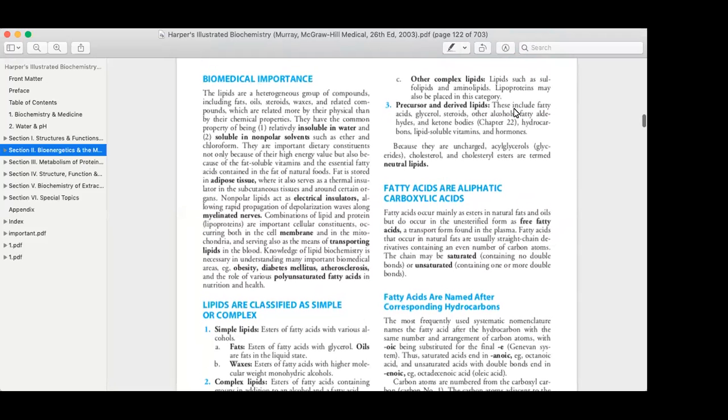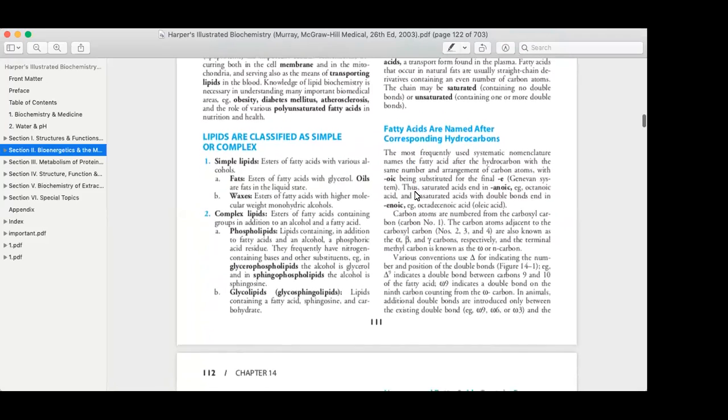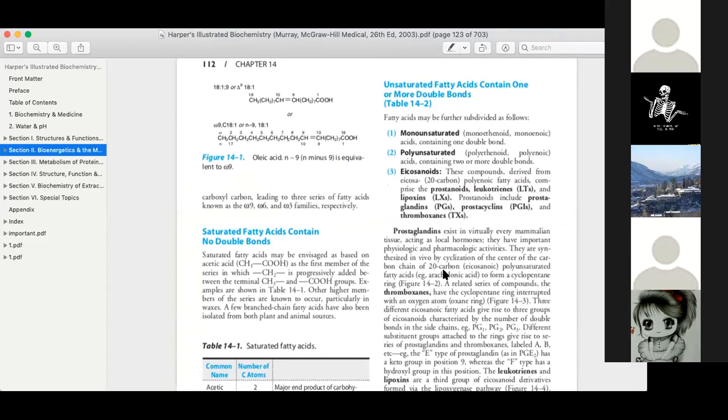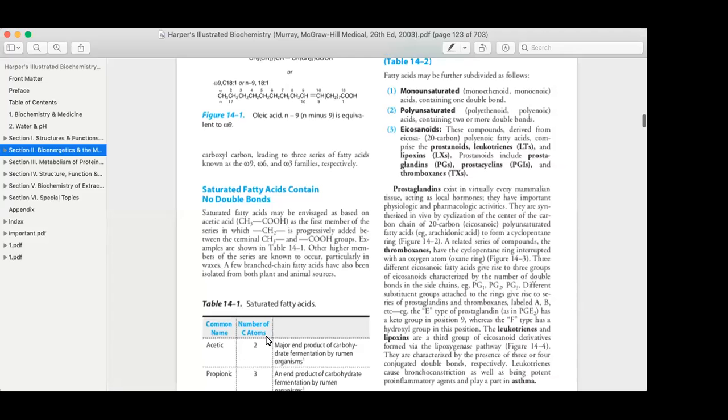Precursors of derived lipids are fatty acid, glycerol, and steroids or other alcohol. Now, leave this. Now, what are unsaturated fatty acid and saturated fatty acid?